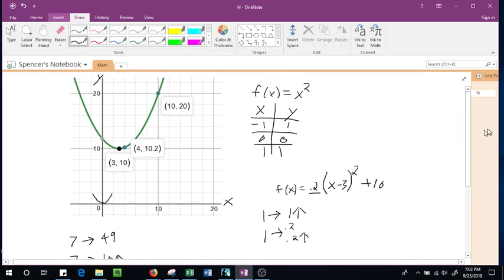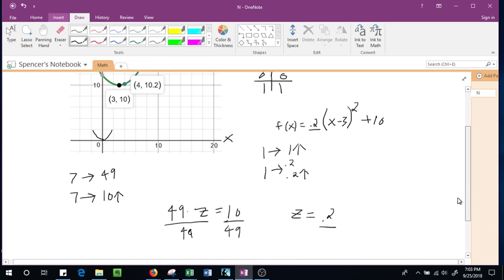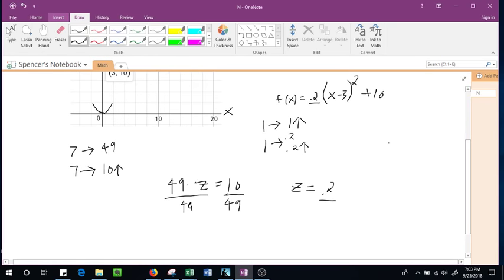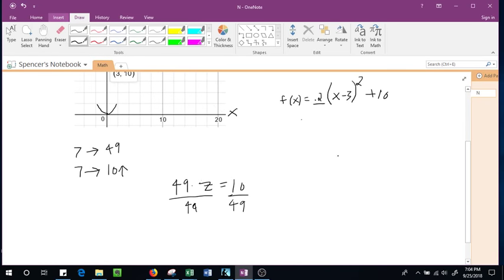But either way, we took a look at this graph. We didn't even have a parent function to review against it, and using these 3 points, we were able to find our transformation. We could have just used these two, or we could have used this one and this one. Either way, we could have found it just fine. Now that we have our function, we're going to try and create a graph based off of this.